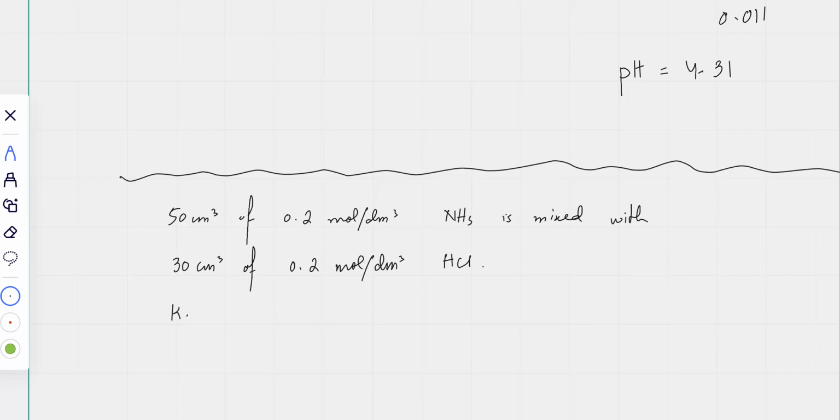The K for NH4+ is given, which is some made up value, let's say 4.5 × 10^-8. So this is given, and you're being asked to find the pH of the buffer.